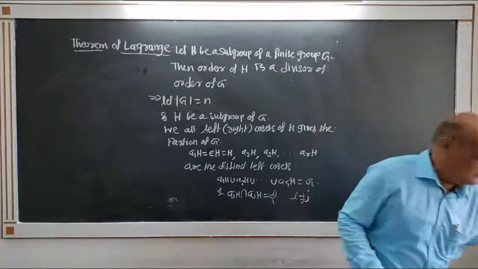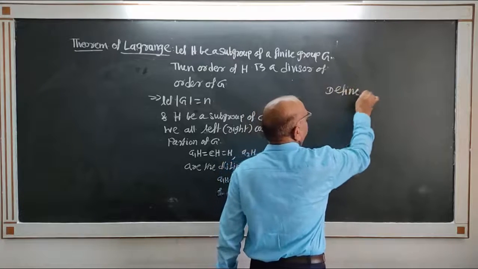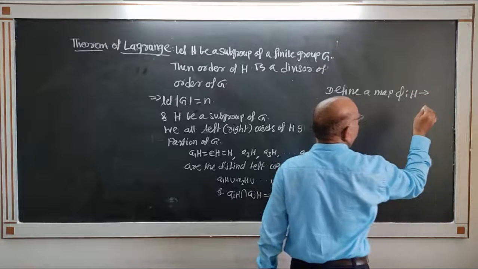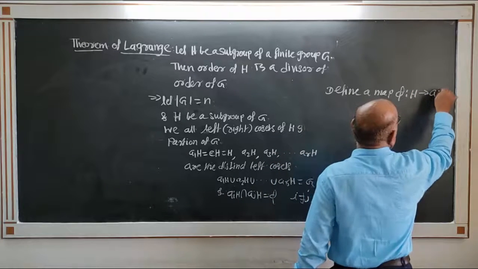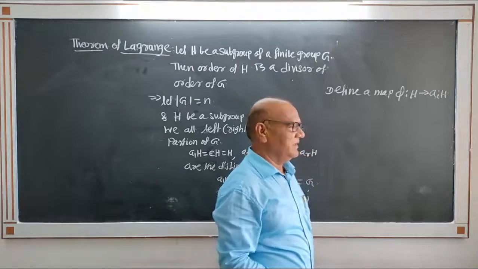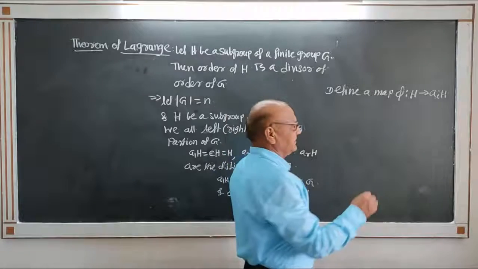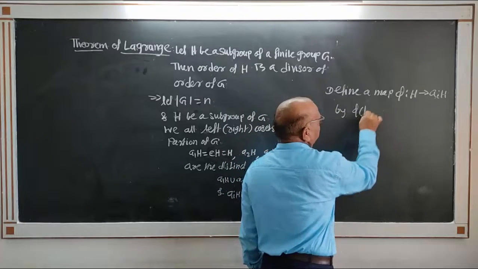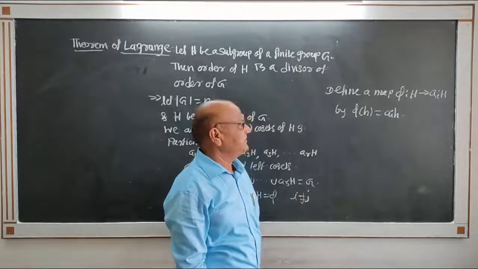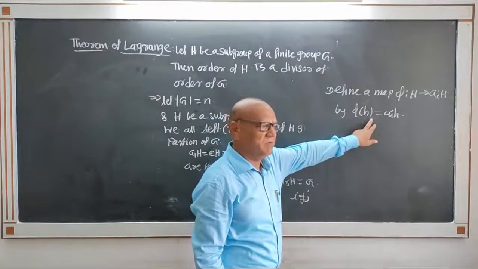Now define a map phi from H to AIH by phi of h is equal to AIh. We show this map is bijective, that means one-one and onto.